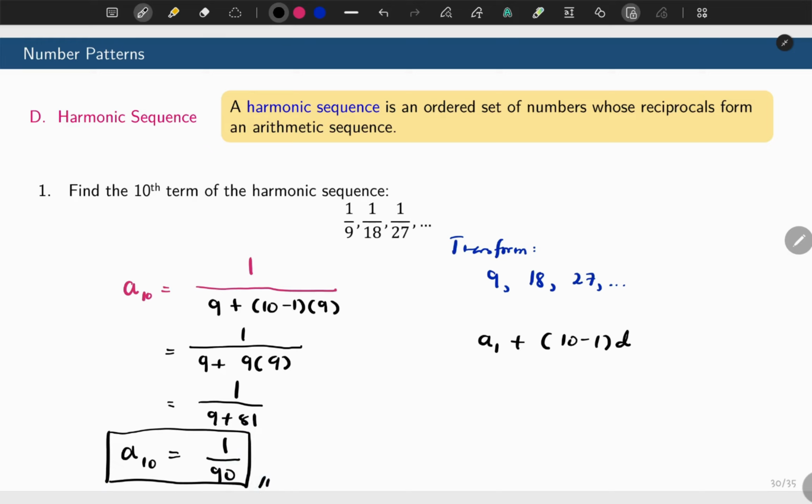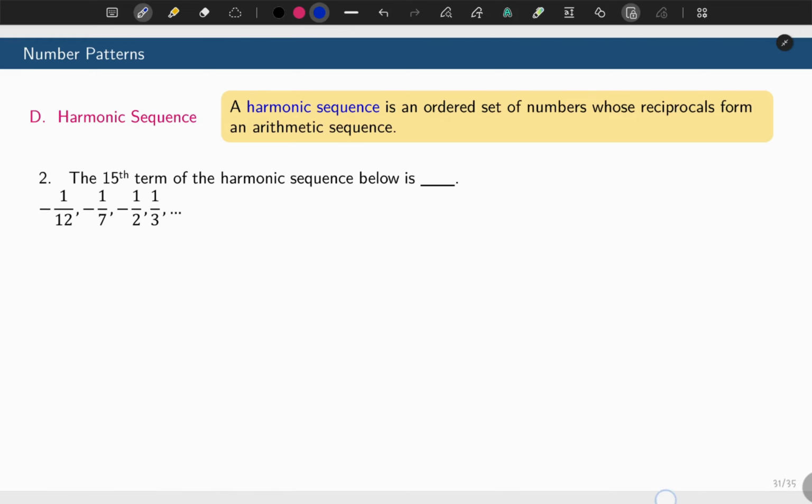Number 2, the 15th term of the harmonic sequence below is, okay, so ito medyo mahirap kasi meron na involved na negative numbers. So we can transform this one. So ito, scratch lang, no? Okay, we have negative 12, negative 7, negative 2, and positive 3, and so on.